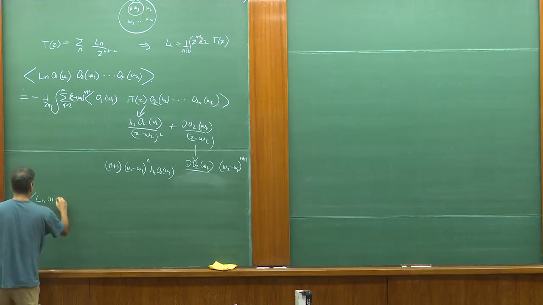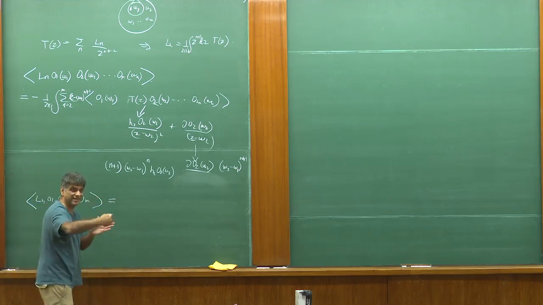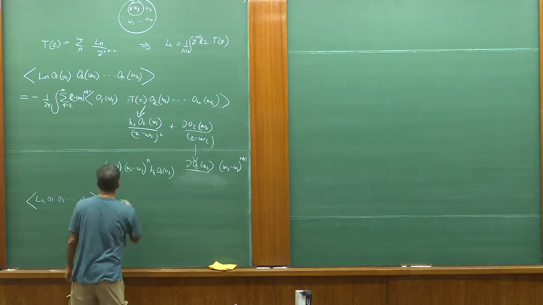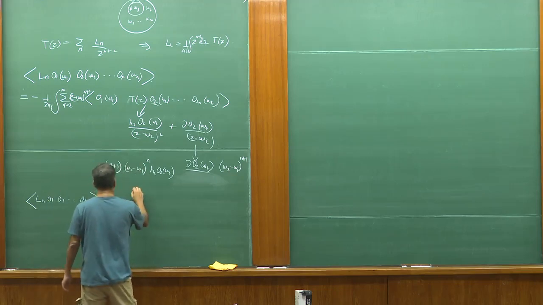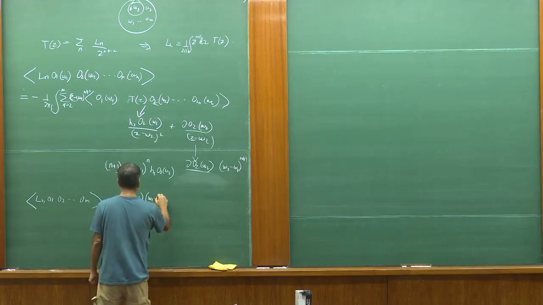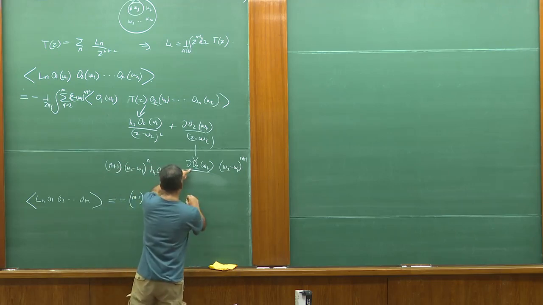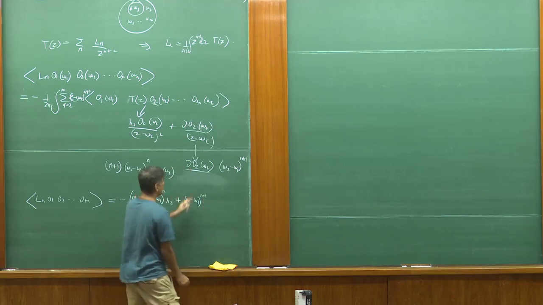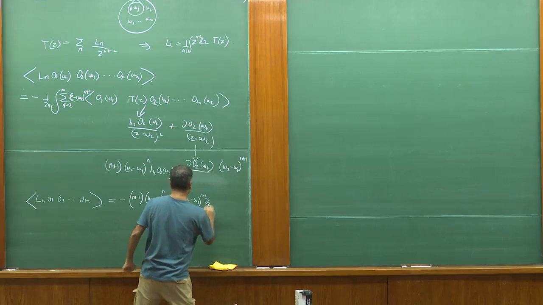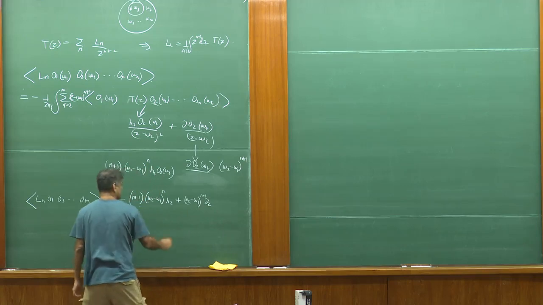So we have L_n O1 O2 to OM is equal to, I'm writing the first term and then there are m minus 1 such terms, minus of (n plus 1)(omega 2 minus omega 1) to the power n h2, plus (omega 2 minus omega 1) to the power n plus 1 del 2. Del 2 is the del operator acting on the coordinate 2. Okay?